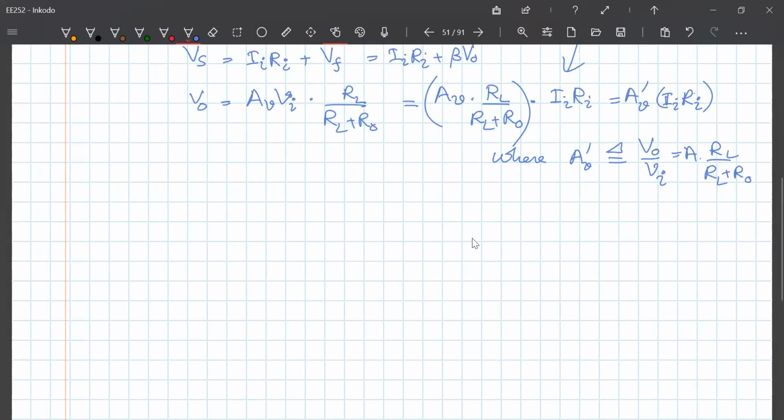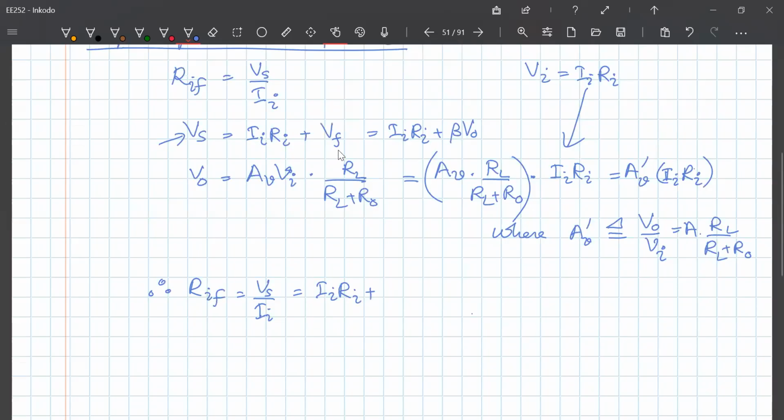Okay. So therefore I can write RIF, which is equal to Vs over Ii. Vs from this I can write is equal to Ii Ri plus Vf, which is beta times V out. So the beta times V out. What is V out?